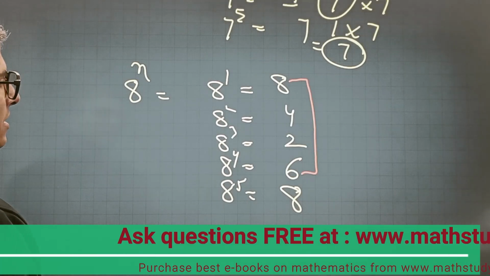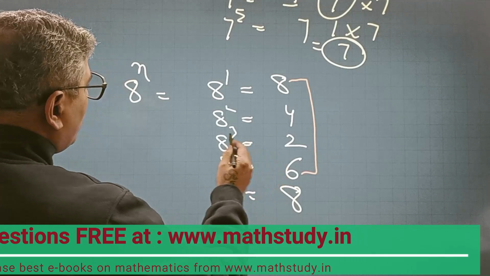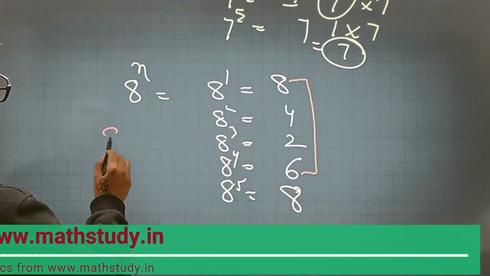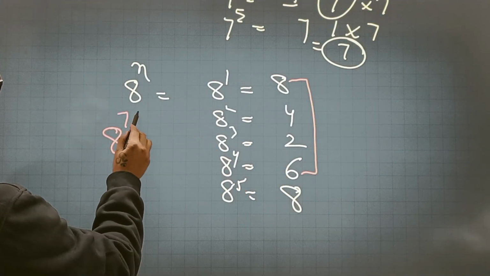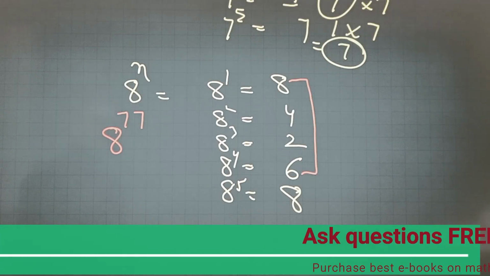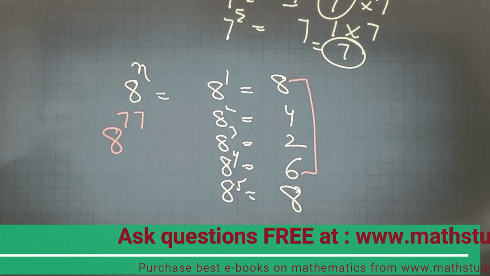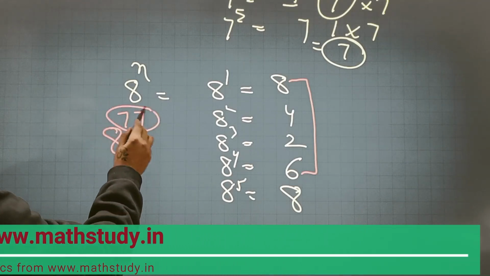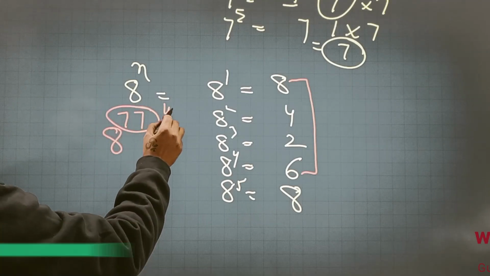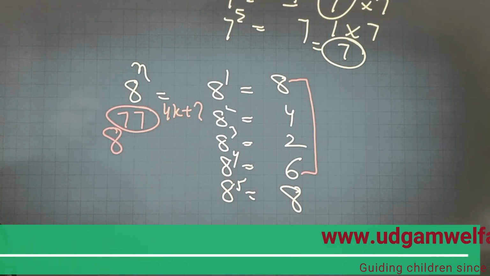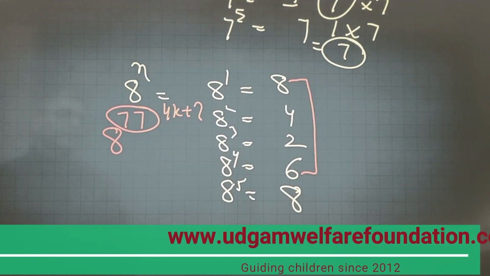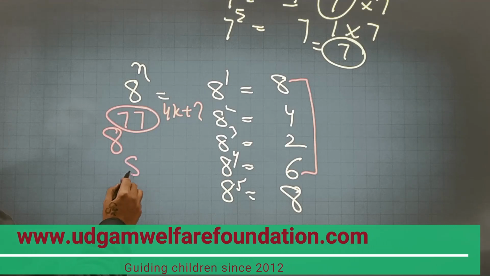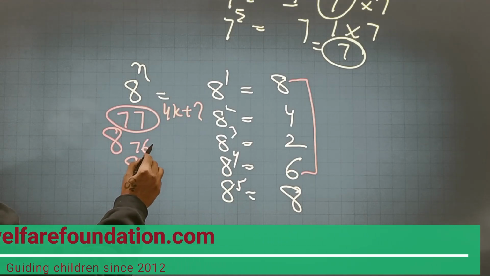So let's understand this more with the help of this example. Let us say we have to find 8 raised to the power 77. What will come at the unit place when we expand 8 raised to the power 77? Here first we have to split this into 4k plus something, right? So 8 raised to the power 77 is nothing but 76 plus 1.